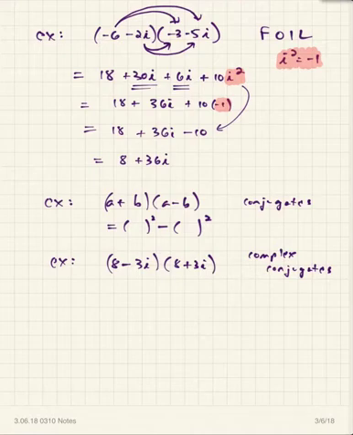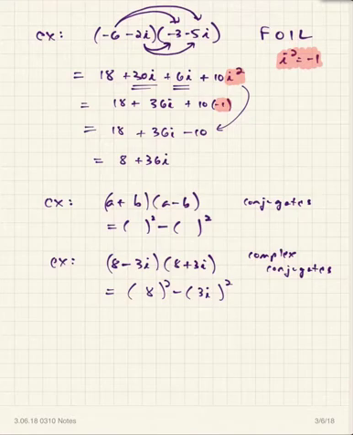So when you multiply these together, it's the same pattern. You could just write down a square minus a square. So this would be 8 squared and 3i squared. And so 8 squared would be 64. 3i squared would be 9i squared, right? 3 squared is 9i squared. And then i squared is negative 1.